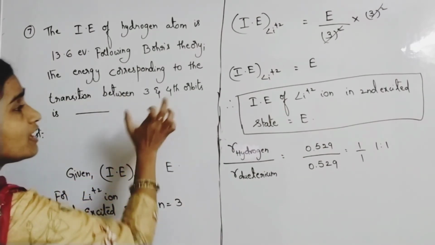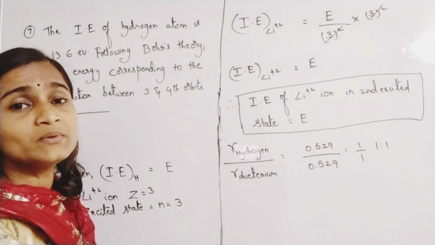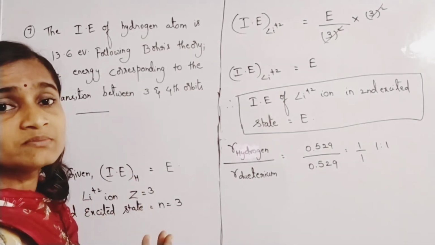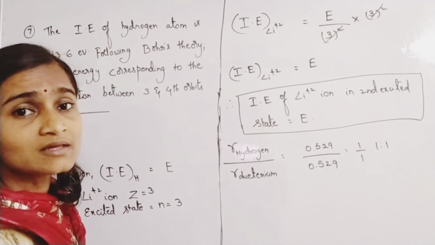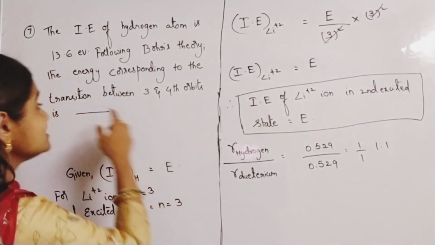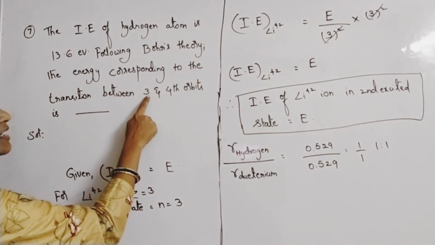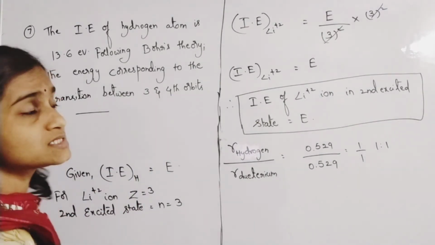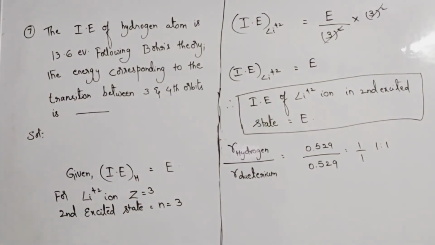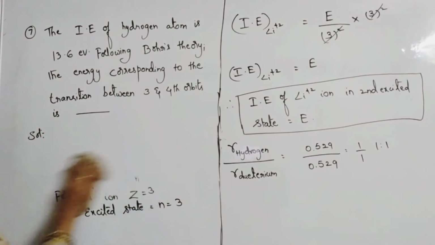Transition means jumping. Between what and what has it jumped? Third and fourth orbits. Then what will be the energy for that jumping? That you have to find out.